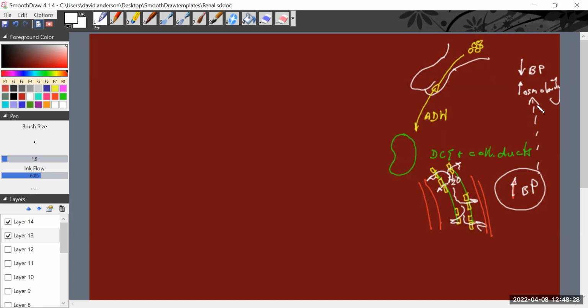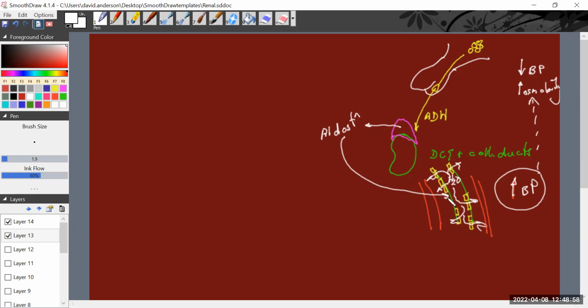Yeah, okay. And the same concept can be applied if we talk about aldosterone. You know, the difference is aldosterone came from the adrenal cortex of the adrenal gland. So aldosterone gets produced in the adrenal cortex to target the distal convoluted tubules, but in this case, for sodium channels to open up.